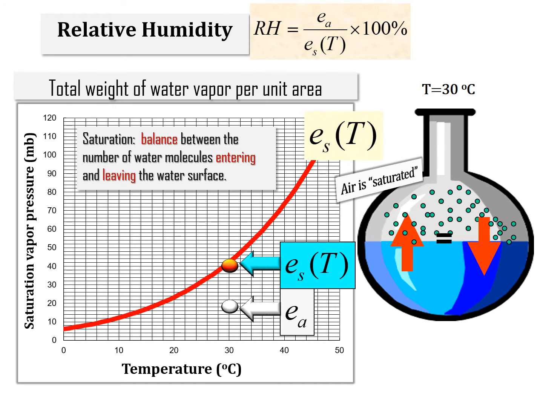If saturated, this ratio is 1, and relative humidity is 100%. On this red curve, water vapor condenses into liquid water because it's saturated. So this is the relationship between relative humidity, vapor pressure, and saturation vapor pressure.